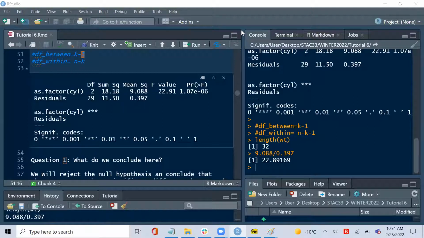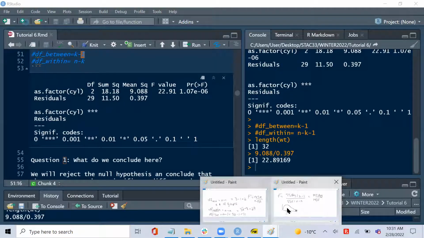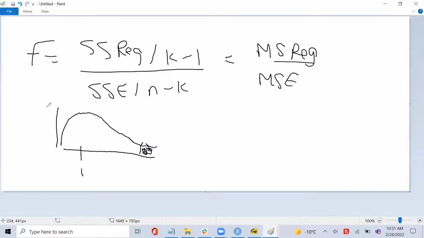Yeah, the null hypothesis is that all means are the same. If you reject it, because this is a distribution, Eddie, along the null hypothesis. This is a distribution on the null, basically, right? So if the null is true, your actual F statistic should be closer to where the mode happens to be. The mode for the null is somewhere over here, and if your F statistic is close to the mode, it means that you don't have evidence to reject the null hypothesis.